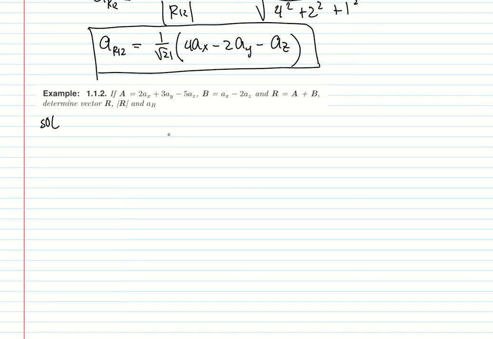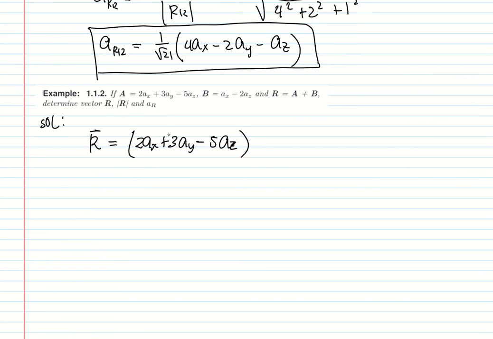So the solution. We just add these vectors. R is equal to A plus B. Our A is 2ax plus 3ay, then minus 5az.